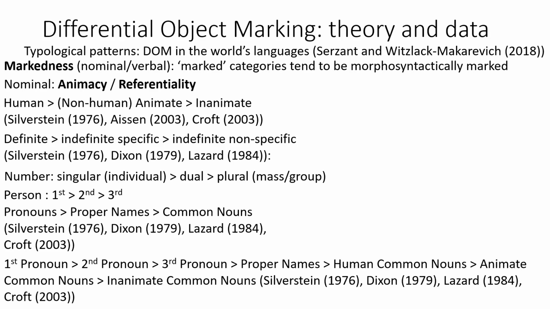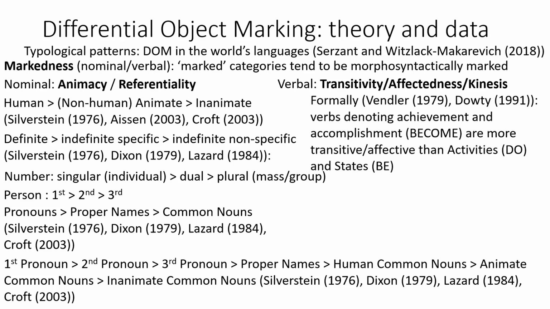So if we put all of these factors together, we can synthesize the nominal scale as something like this. I shan't go through this bit by bit, but as we can see, many scholars have tried to establish the nominal scale of markedness. Verbal markedness tends to correlate with transitivity, also effectiveness, also kinesis. The idea, formalized in classic works such as Vendler and Dowty, is that there are four types of major events.